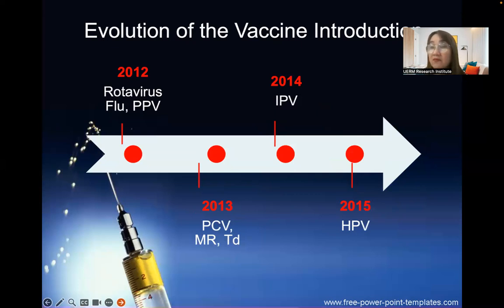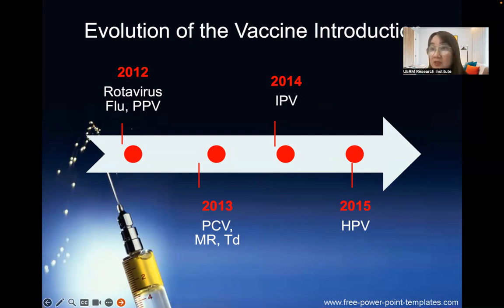In 2012, rotavirus was introduced into the National Immunization Program, prioritizing the infants of families listed under the National Housing and Targeting System for Poverty Reduction nationwide, as well as the introduction of flu and pneumococcal polysaccharide vaccine for indigent senior citizens.